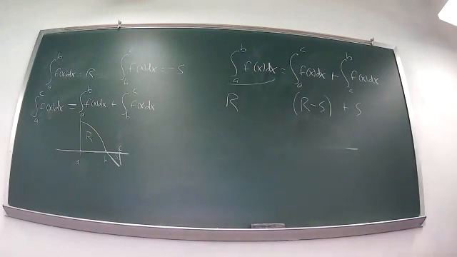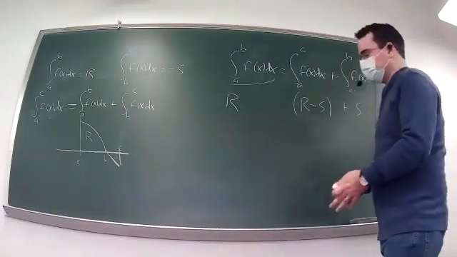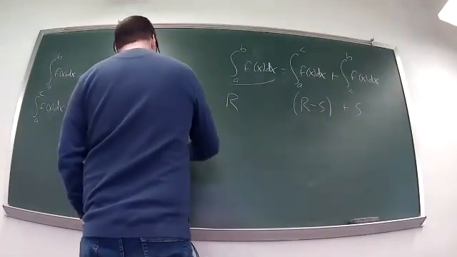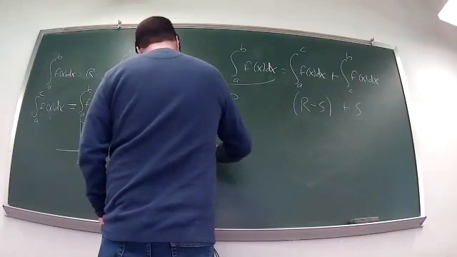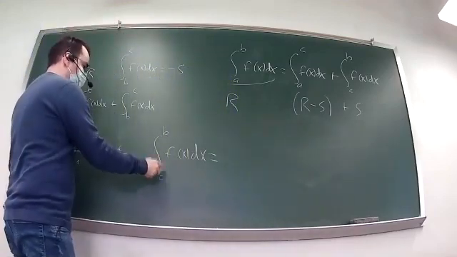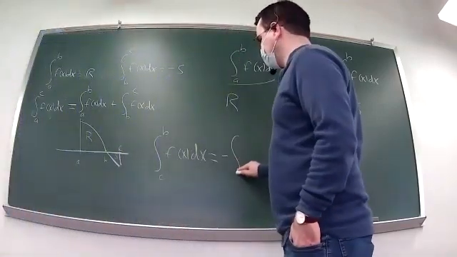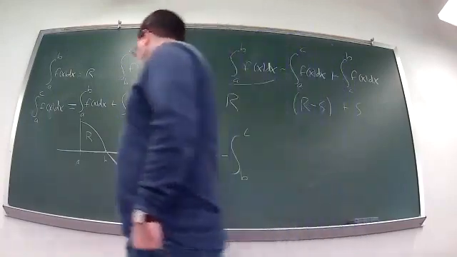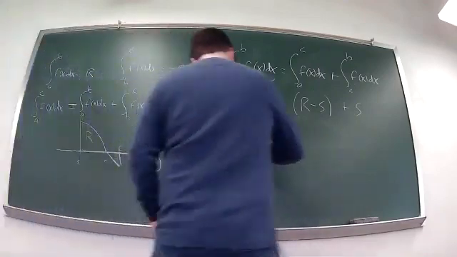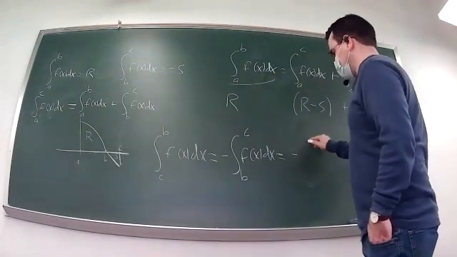There's a question of why is it s and not negative s? So here's the calculation. The integral from C to B of f of x dx is equal to, remember the bounds are opposite of what they should be, the negative of the integral from B to C. And the integral from B to C is the signed area.